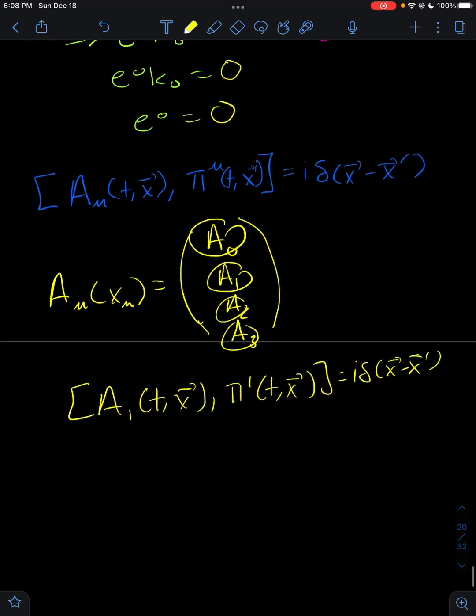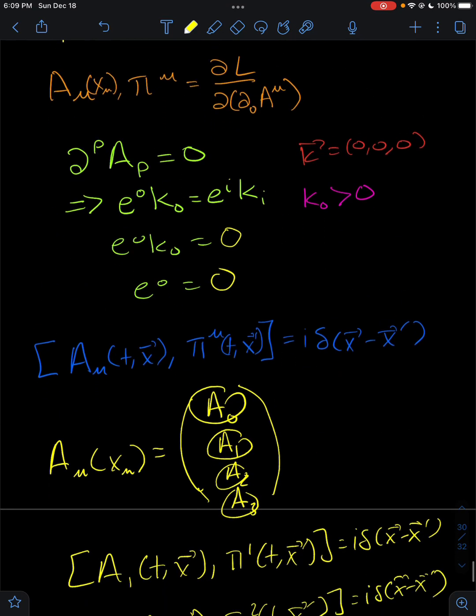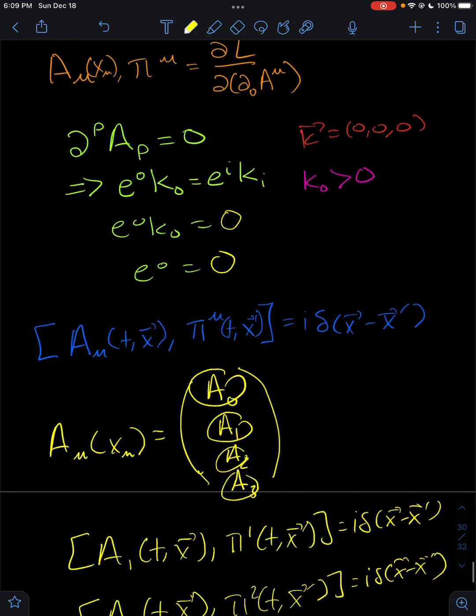We have another one for the case where mu equals 2, so we have pi2(t,x'), and that's going to be i delta of x minus x prime, and so on. So we have a relation for each component of our four-vector.